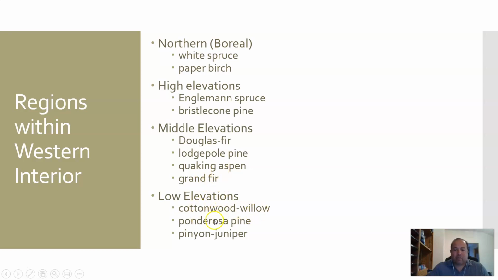Low elevations, cottonwood, willow, ponderosa pine, pinyon juniper. Actually, I think on the previous slide, I kind of bumped some of those up. Ponderosa pine is a low elevation, lodgepole pine's a middle elevation, and then our spruce was at high elevations. And then we have even the boreal with some other different spruce and paper birch above that. Sorry about that.